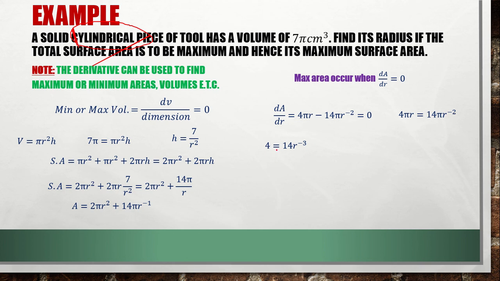Simplify everything, and you'll find that 4 is equal to 14 r raised to power negative 3. Simplifying further, r cubed will be equal to 14 over 4. So if I cube root both sides, I'll find that my radius will be 1.518 centimeters.